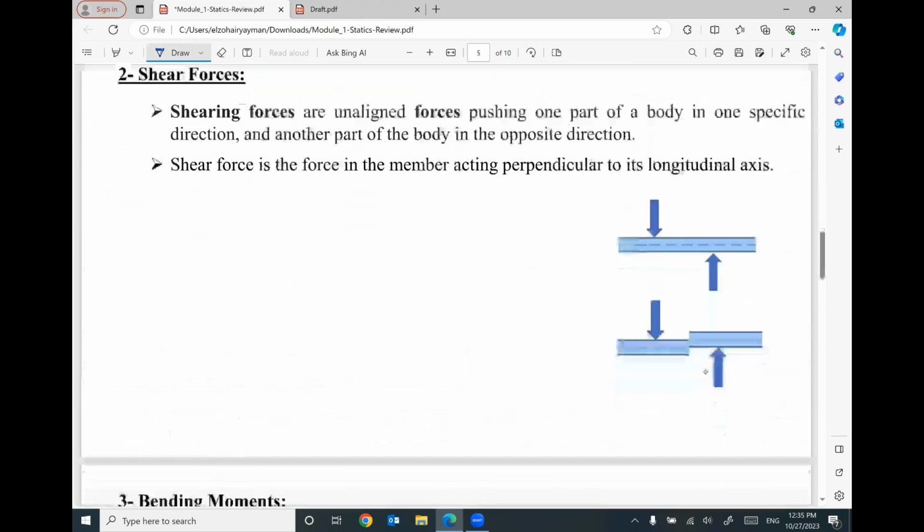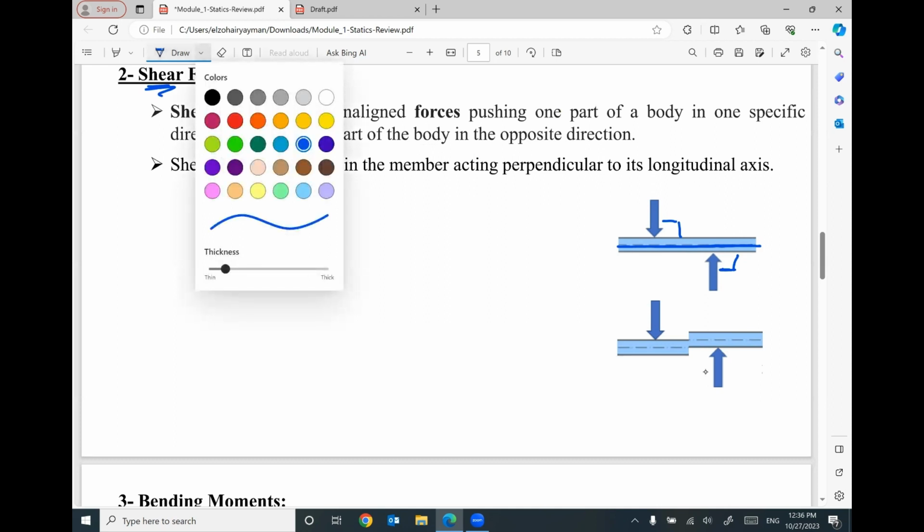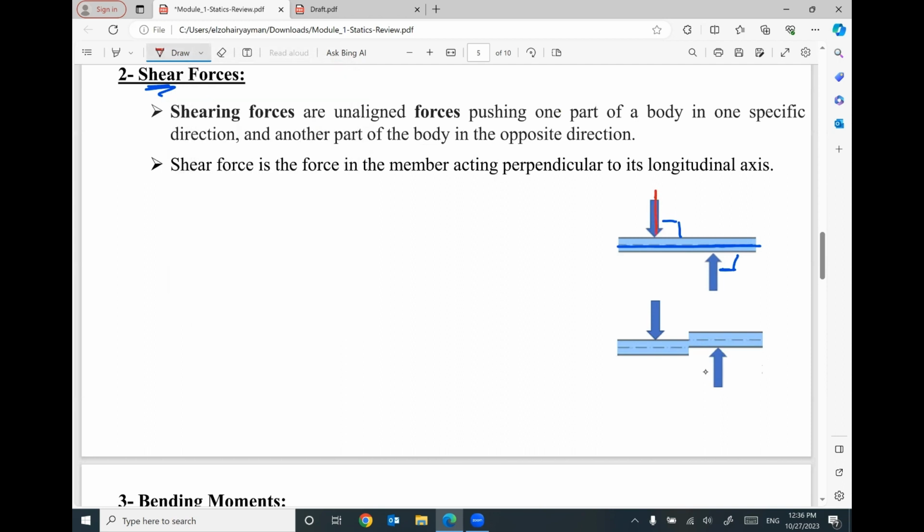The second internal force is called shear force. If your beam is under the effect of perpendicular forces, the force that will cause shear is a force perpendicular. Imagine we have two opposite perpendicular forces, F1 and F2.